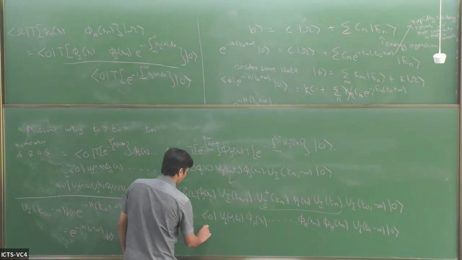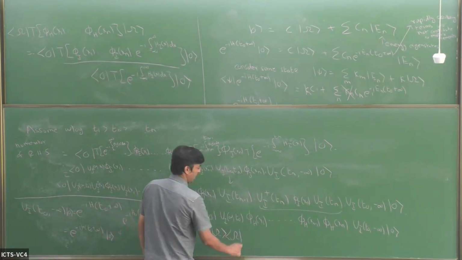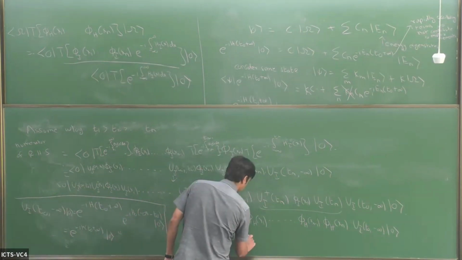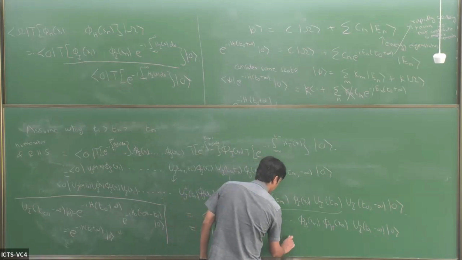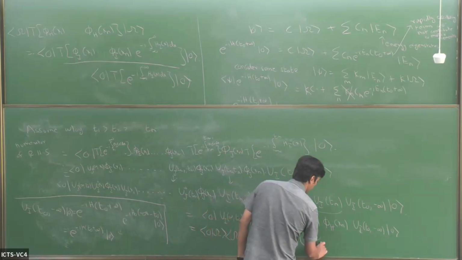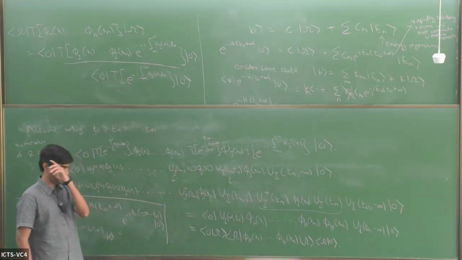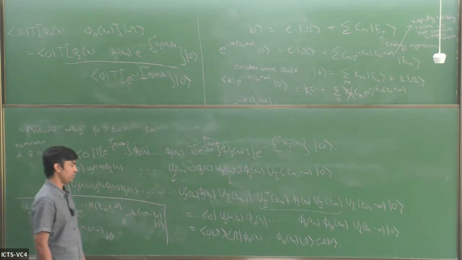So this is equal to 0 times omega, and then this factor is gone. And now you have here also omega times 0. But this is great, because what do we have here?